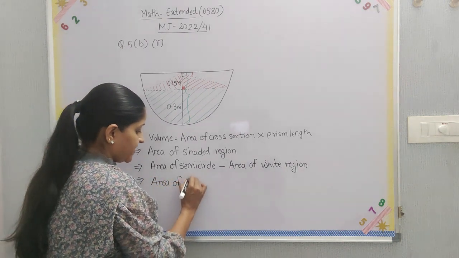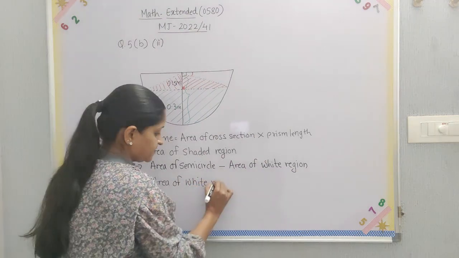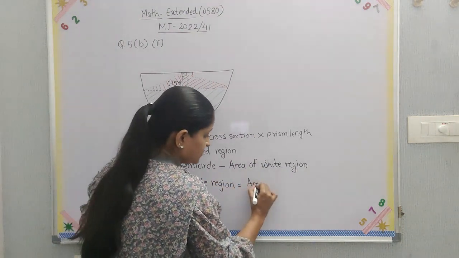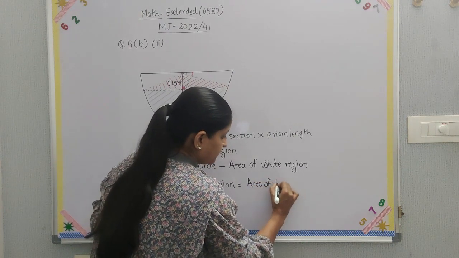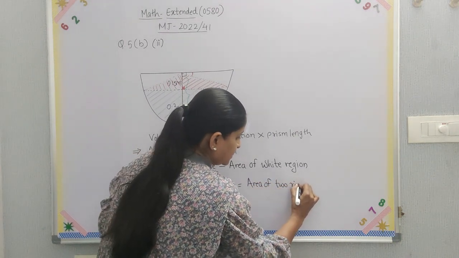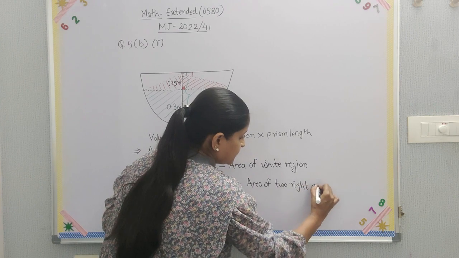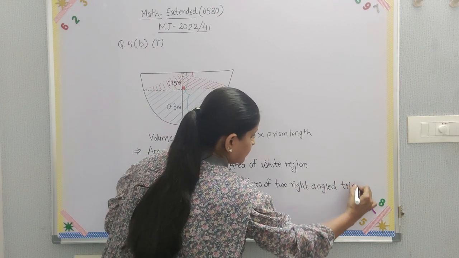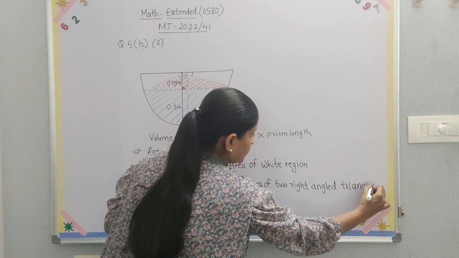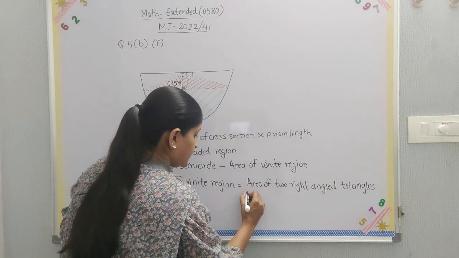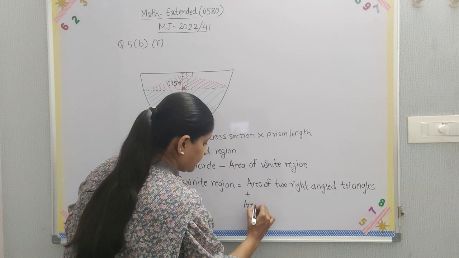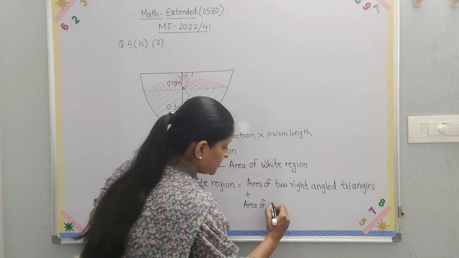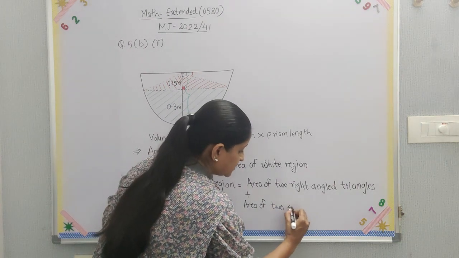So area of white region is area of two right angle triangles plus area of two sectors.